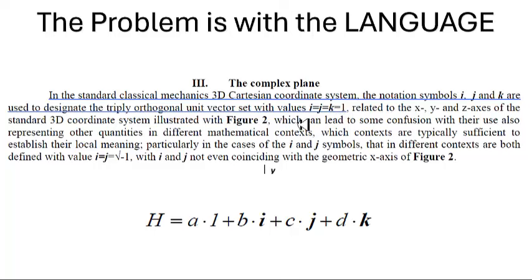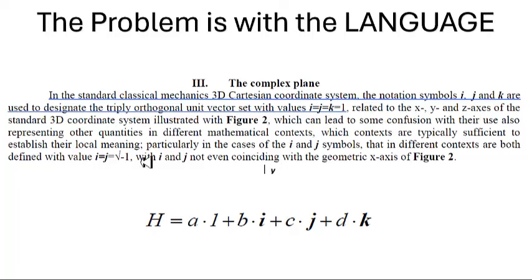This expression, i equals j equals k equals 1, does not define a triply orthogonal unit vector. The 1 here is a scalar. 1 is the identity of the real numbers. So making the statement i equals j equals k equals 1 and referring to that as a triply orthogonal unit vector is not quite correct.